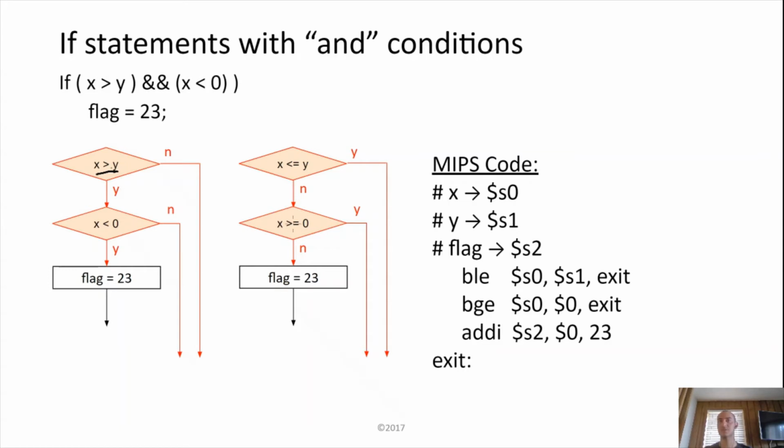To achieve that, we are switching these yes and no's, or true and false, and we are negating our statement. Note that the negation of x greater than y is x less than or equal to y. That equal is important because the greater than doesn't cover the case where x equals y. And the negation of x is less than 0 is x greater than or equal to 0, so there is the equal sign also there.